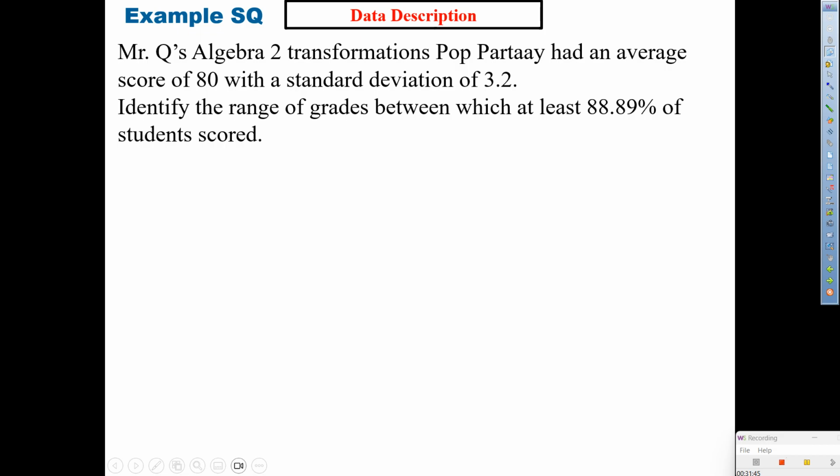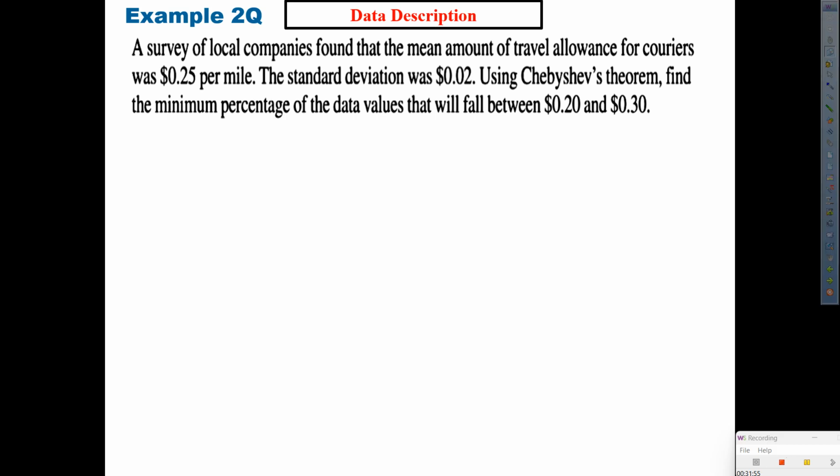It reads, example 2Q. A survey of local companies found that the mean amount of travel allowance for couriers was 0.25 per mile. Couriers being the person that is delivering packages.